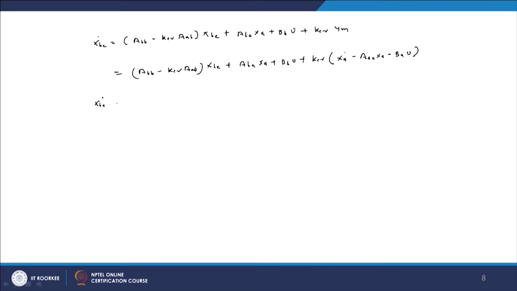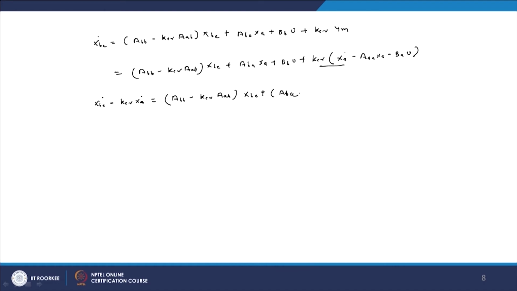XB dot minus this part KER into XA dot, we can move to the left side. So, we write KER into XA dot, now here ABB minus KER into AB into XBE, and here ABA, now XA is common.